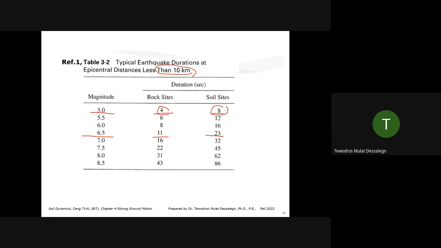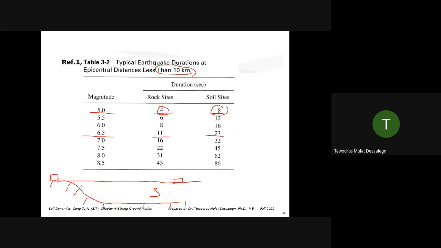When we say soil site, you have the ground, and you may have, let's say, this kind of stratification. Let's say this is bedrock. This is soil. So you may have a recording station here. You may have another recording station here.